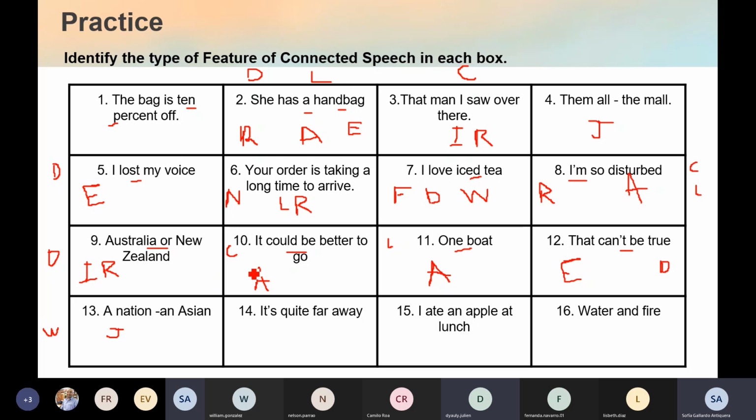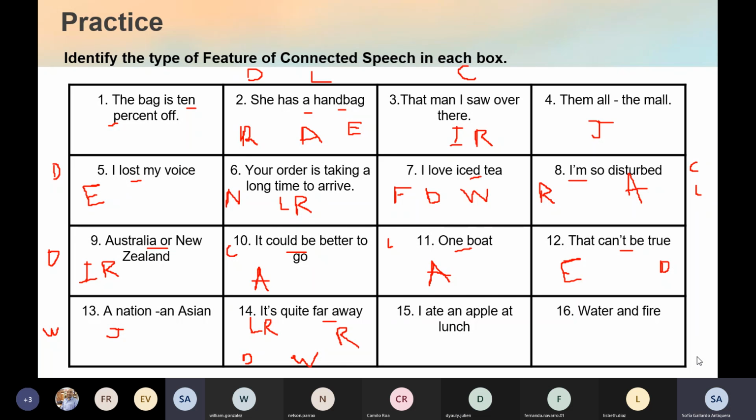Far away. Yes, it was linking R. Also, we have another one. Reduction. Yes. So that was fast, all of you. We have this one for Jolie and for William, if I'm not mistaken. Yes. Okay, and also reduction.